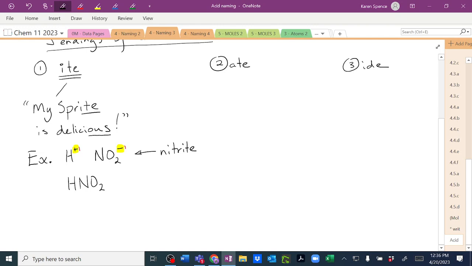Now the name of this acid, because we had nitrite, it becomes nitrous. Okay, ite becomes ous. Nitrite becomes nitrous, and then we add the word acid.